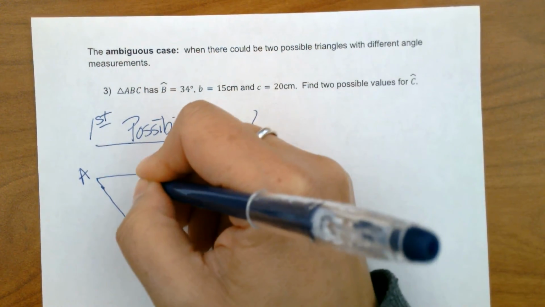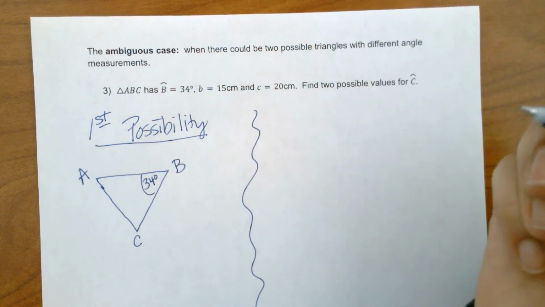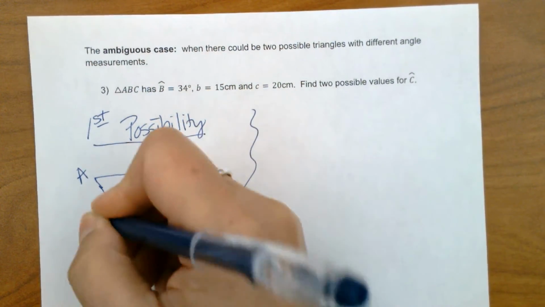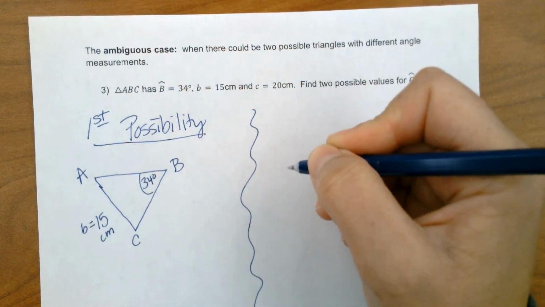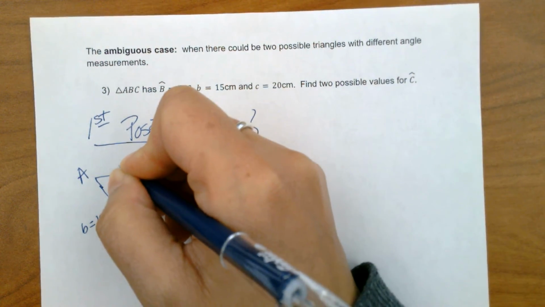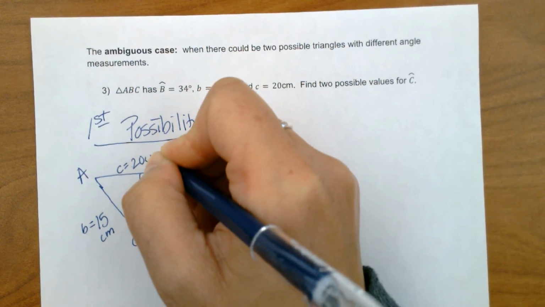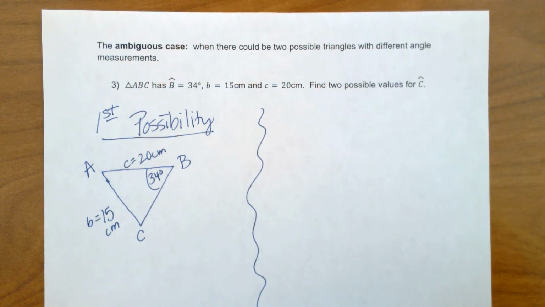Angle B is 34 degrees, so that's that angle. The opposite side, little b, is 15 centimeters. Side c, here's C, is 20 centimeters. Okay, that's the first possibility.